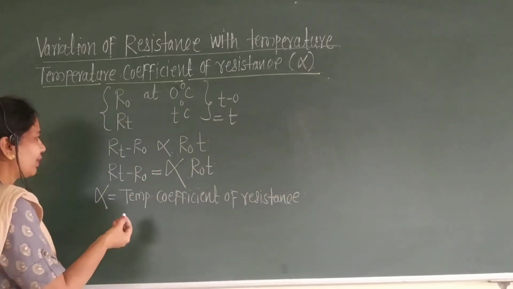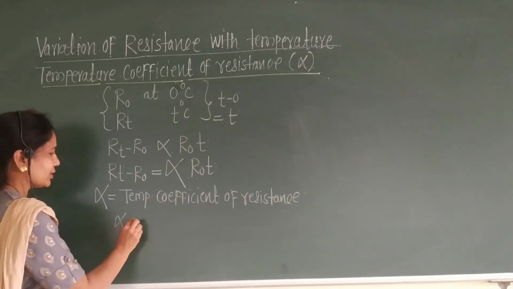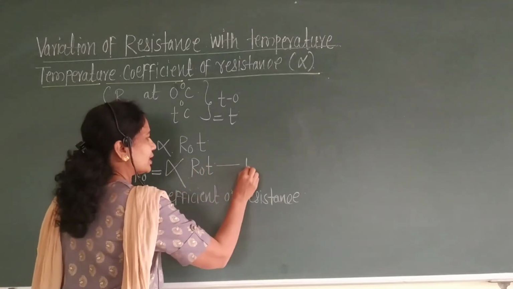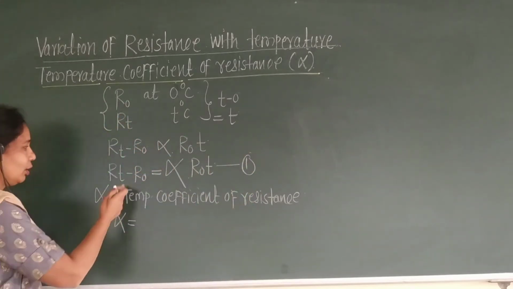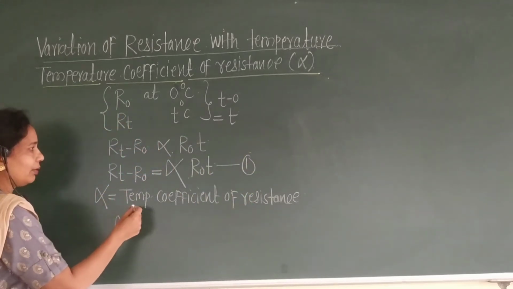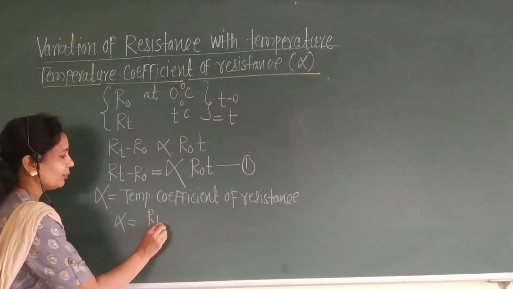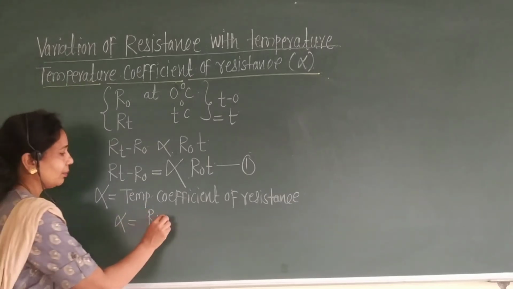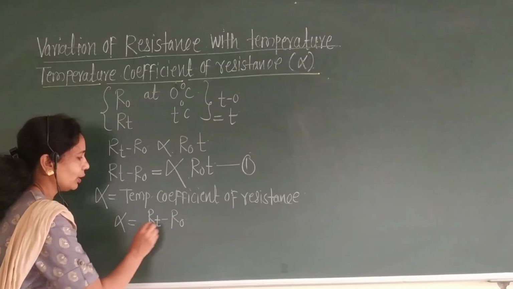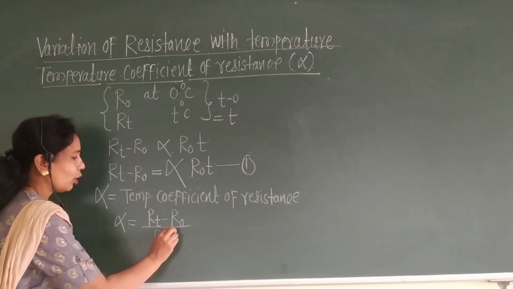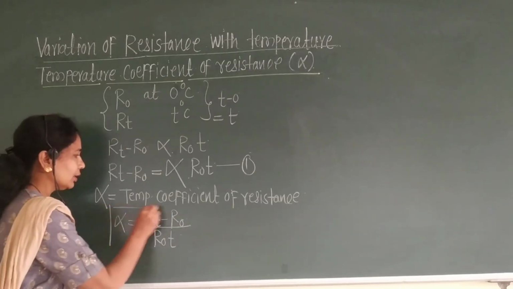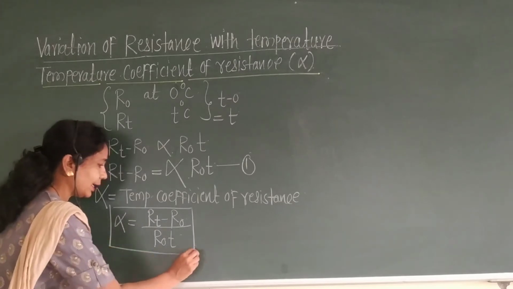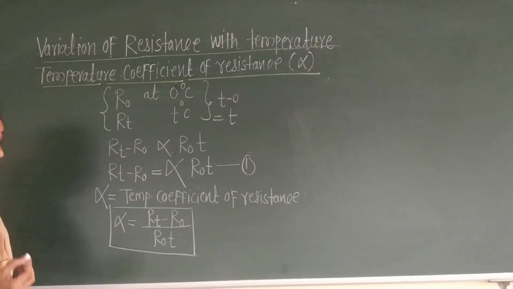And it is defined as follows. Say this is equation number 1. From this equation, what is the value of alpha? Alpha is equal to RT minus R0 upon R0 into T. This is the expression for alpha.